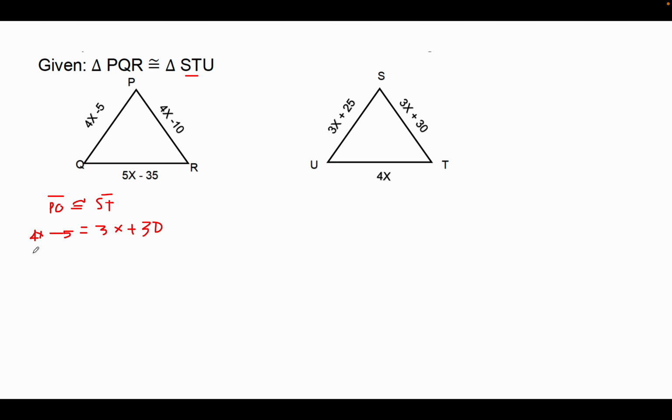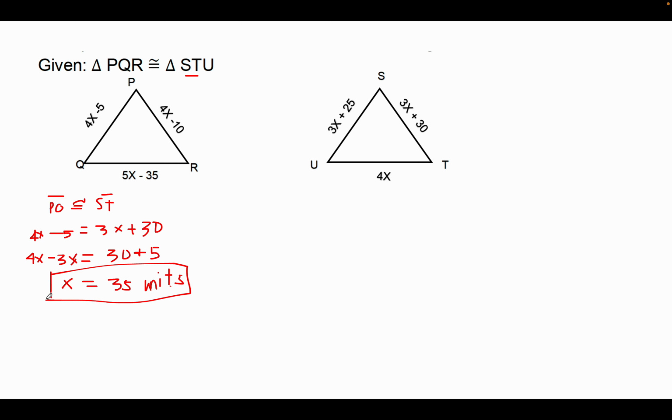Combine like terms, 4x transpose 3x to the left, that becomes negative 3x equals 30. Transpose negative 5 to the right, that becomes plus 5. 4x minus 3x, so x is equal to 30 plus 5, 35. Okay? So meaning, x is equal to 35 units.